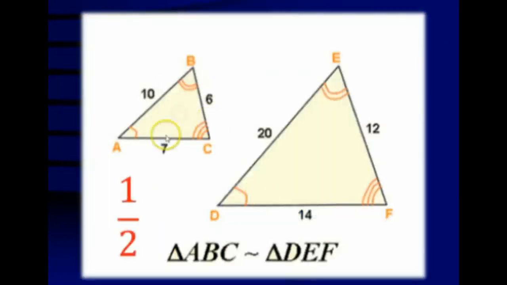So the picture that we had before, where these ratios, 10 over 20, 6 over 12, 7 over 14, were all 1 to 2. If we didn't have the tick marks for the angles, C and F and all those, but you just had the side lengths, you could show that they're similar through the SSS squiggy theorem, because you could show the ratios of the corresponding sides are equal.